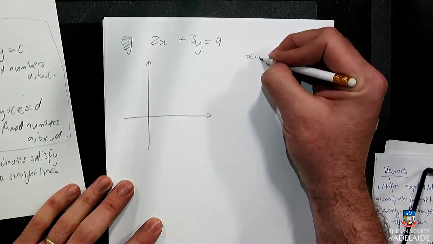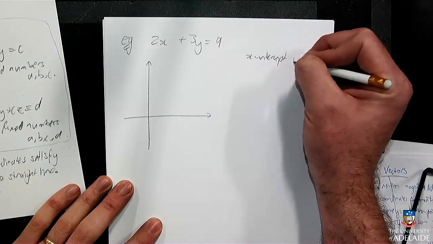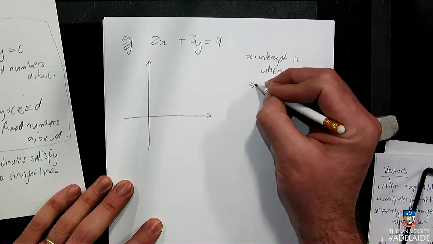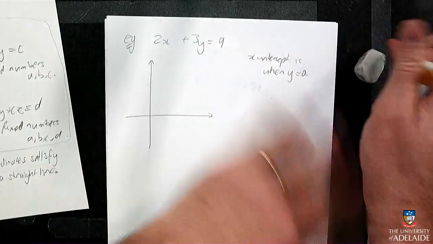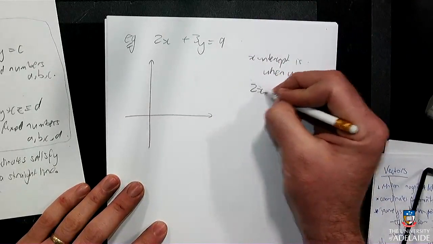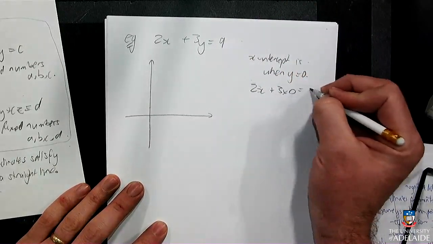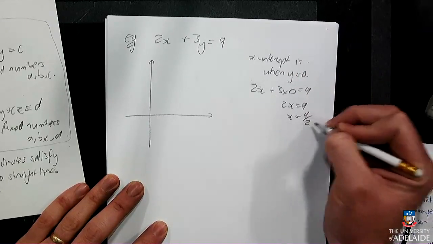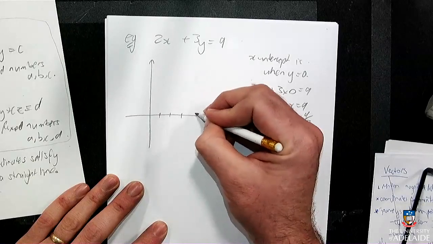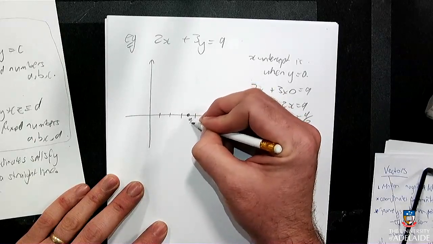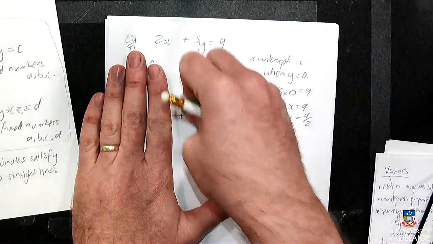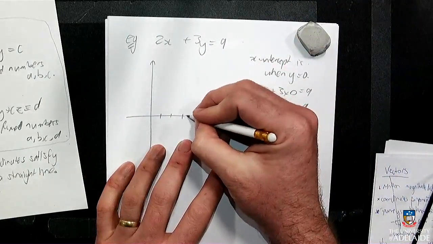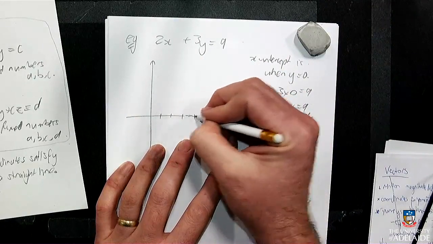The x-intercept is when y equals 0, and so you'll get 2x plus 3 times 0, which is 9. So 2x is 9, so x must be whatever 9 over 2 is, which is 4.5. Oh, that was only 3.5. One, 2, 3, 4.5.